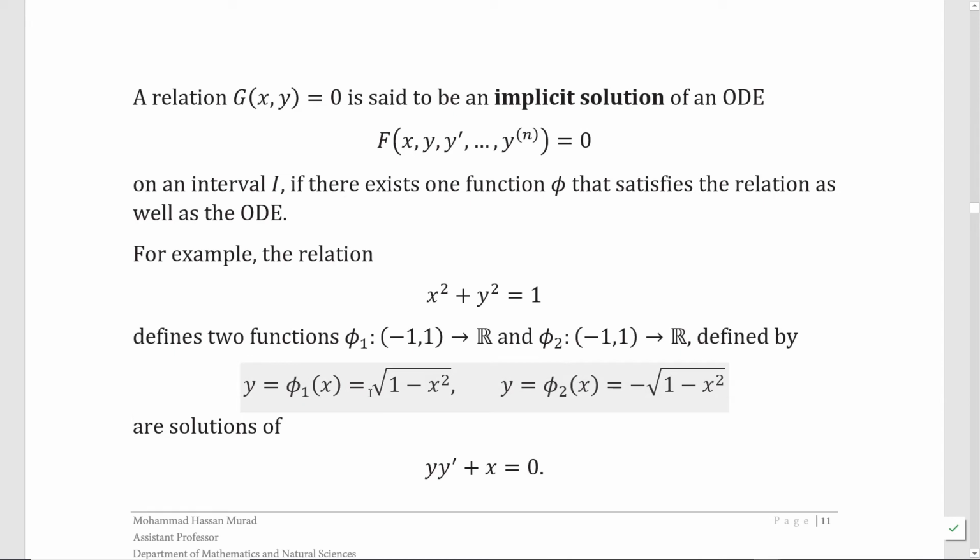So this function, phi 1, defined by the positive square root of 1 minus x squared, is a solution of the differential equation y times y prime plus x equals 0. Please verify. Similarly, phi 2, defined by the negative square root of 1 minus x squared, is another solution of the same differential equation.